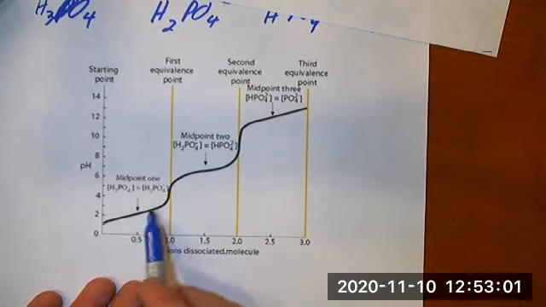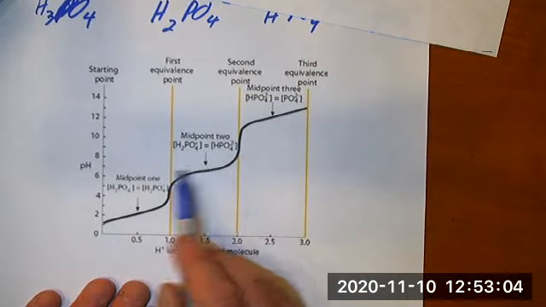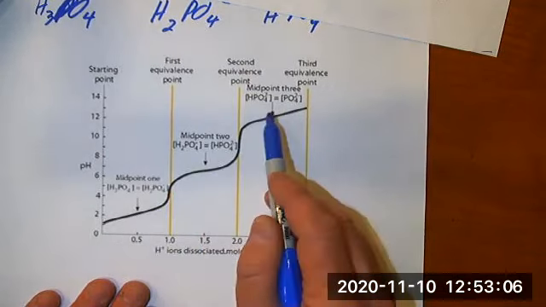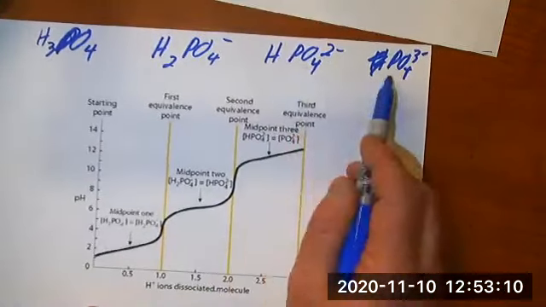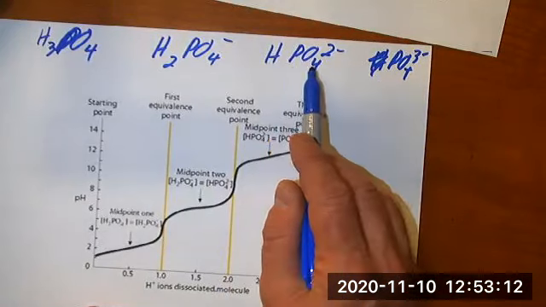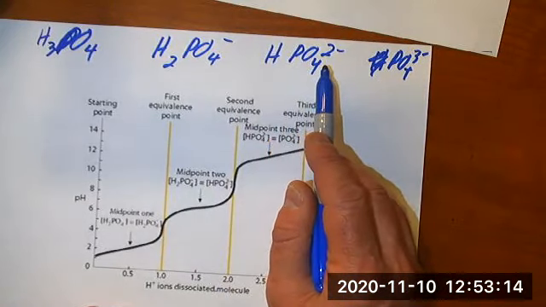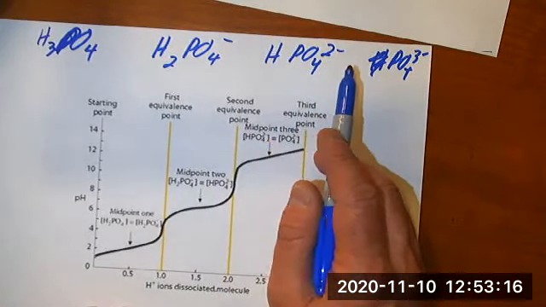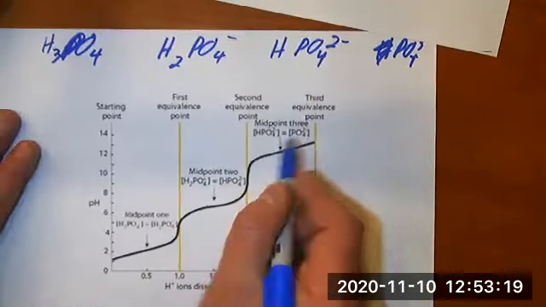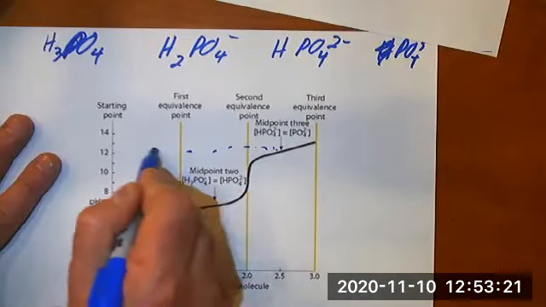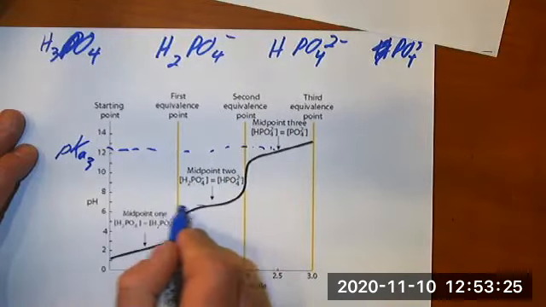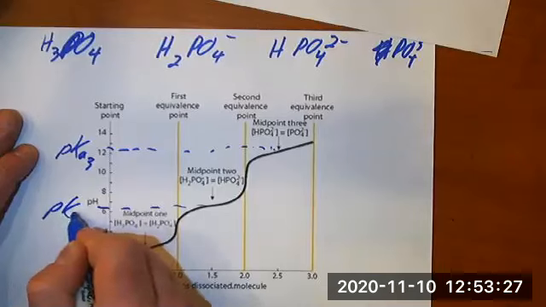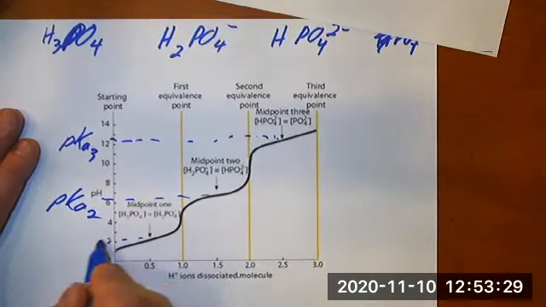And again, you have the half midpoints, so the halfway point between these two, halfway point between these two. These are points where you have equal concentrations of the 2 species that are in the equilibrium that's mattering at that point. And the Henderson-Hasselbalch equation tells you that the pH at that point is going to be the pKa. So we have pKa 3 there, pKa 2 here, and pKa 1 there.